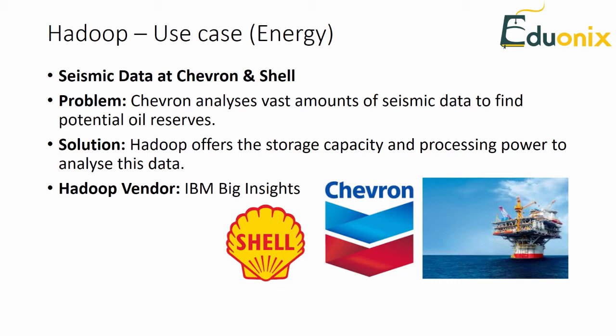Chevron hopes to reduce the cost of sending deep water drill ships out into the ocean by doing a better job of processing the vast amounts of data that can help identify reservoirs of oil, which is using Hadoop.